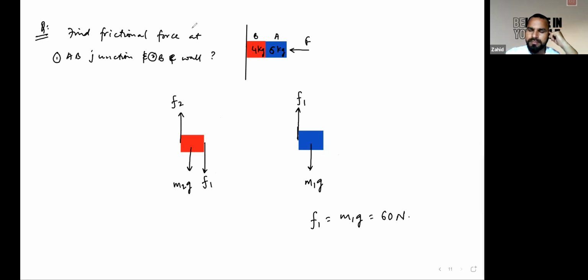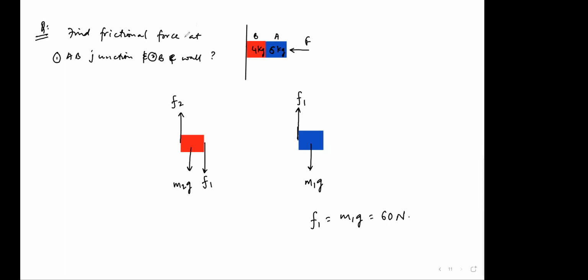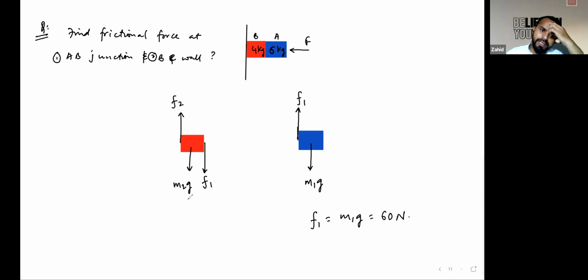Is it clear? Yes, sir. So what do you conclude about F2 and these two terms? Since there is no movement in the block upward or downward, the total force in the upward direction must be equal to the total force in the downward direction. Is it clear?